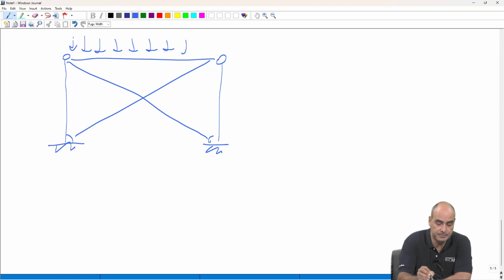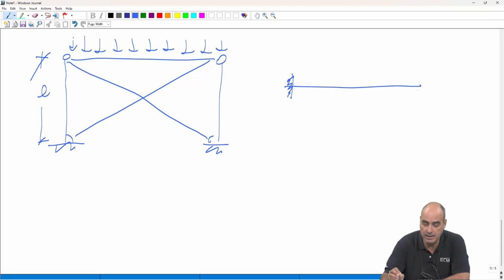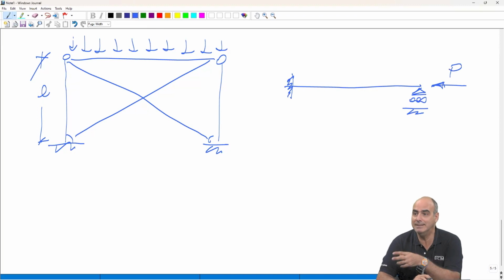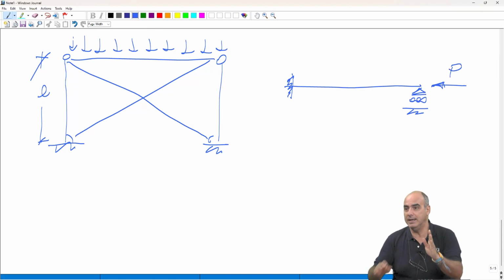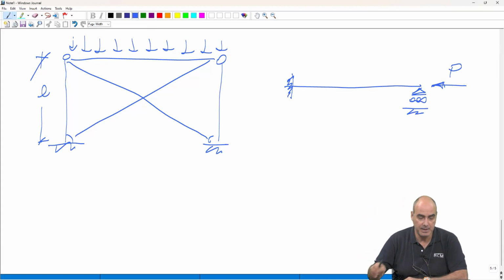Now, if this is like this, our column, how will it behave? Well, I draw it horizontally for the sake of simplicity. Our column will behave as a, we call it propped cantilever, because actually it's a cantilever plus the support at what was the free edge.